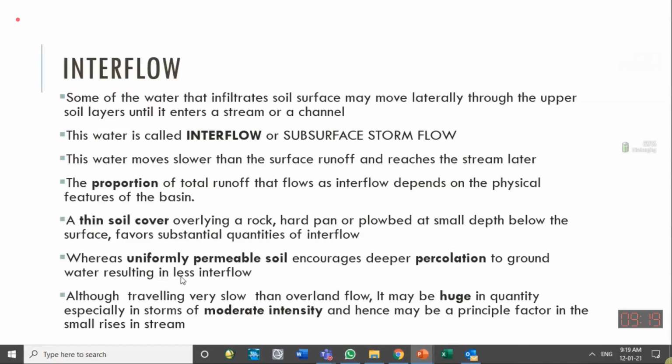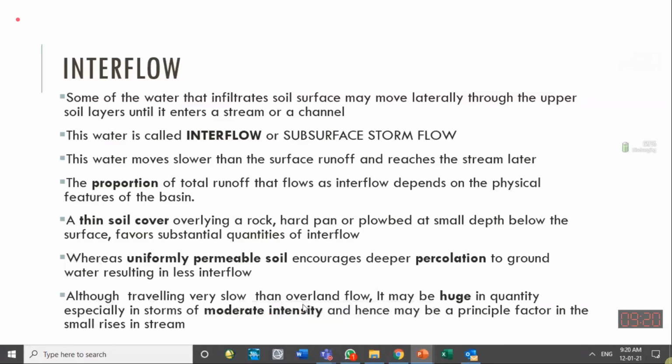So that results in less interflow. So in Punjab area, you will see less interflow, unless there is some clay surface below the ground surface. Then at that place, clay is considered as a relatively impermeable layer. Silt as compared to loams, clay is considered as impermeable, although it has more porosity.